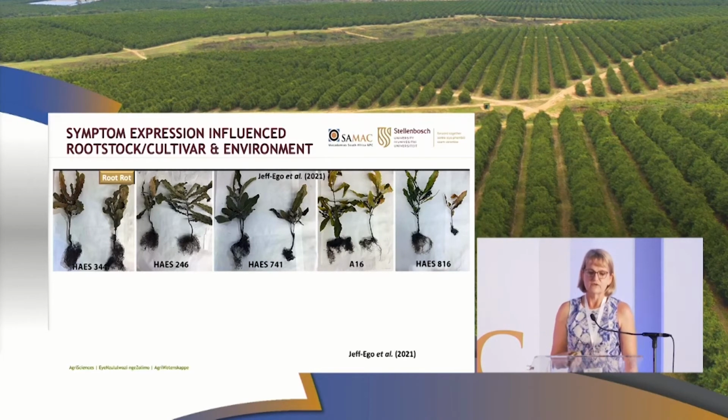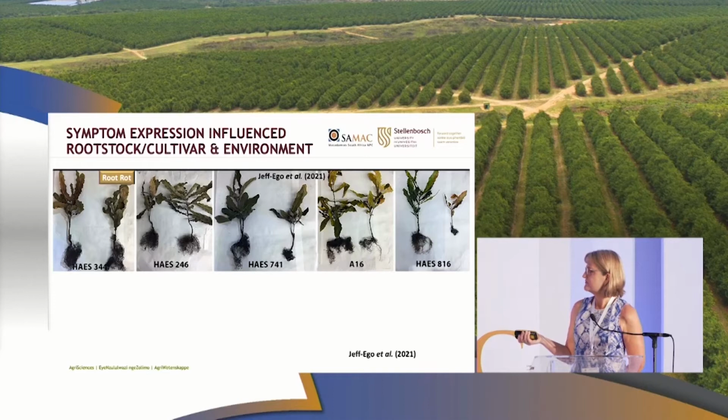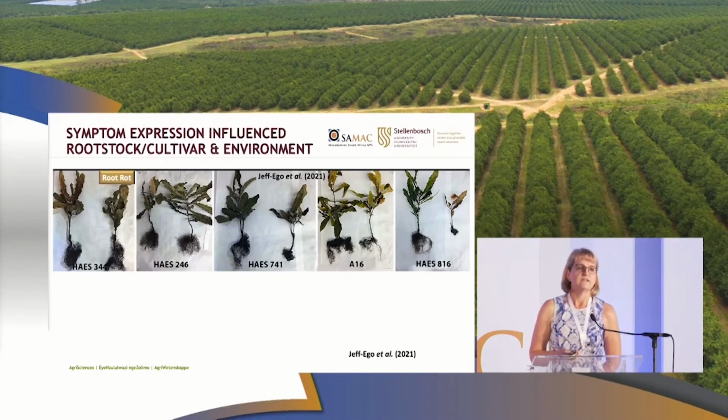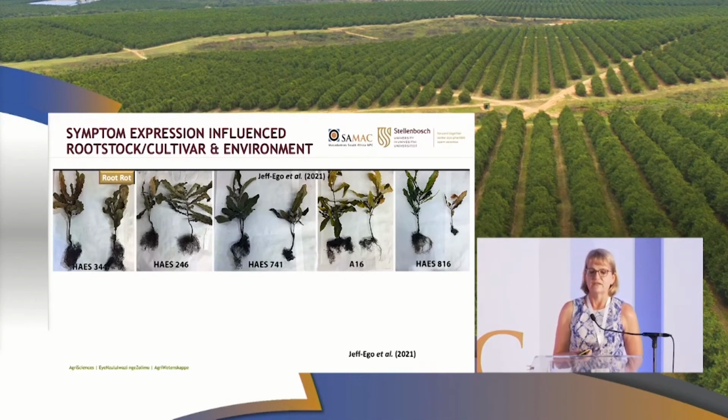This is just work from Femi Akinsami's group in Australia, showing the differences in susceptibility. I think we know in South Africa that 816 is very susceptible. As you can see here on the left-hand side, you have the uninoculated seedlings, and here all of the inoculated seedlings, and you can see the large effect on reduction in root volume on 816.